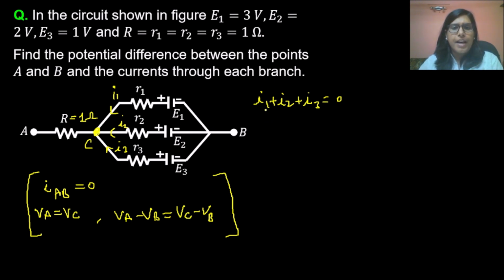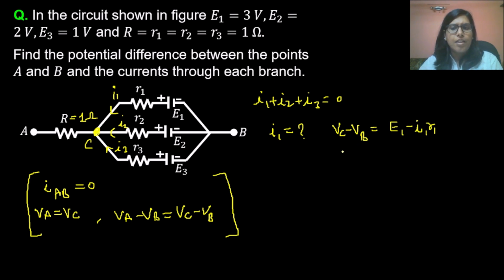Now how will we calculate I1? For I1 we will write VC minus VB equals E1 minus I1 into R1, right?